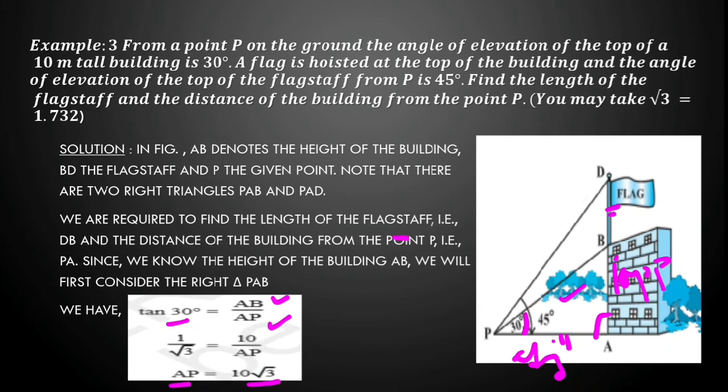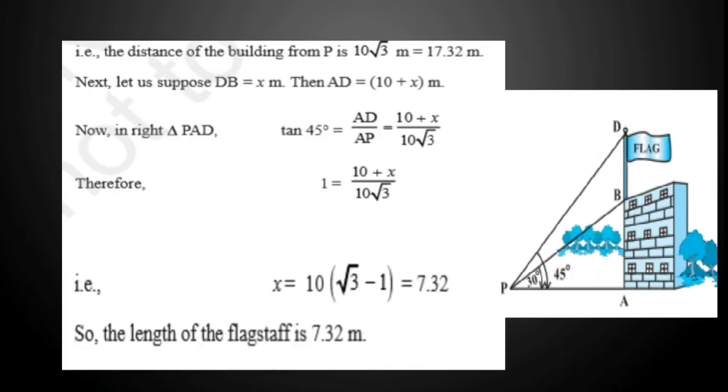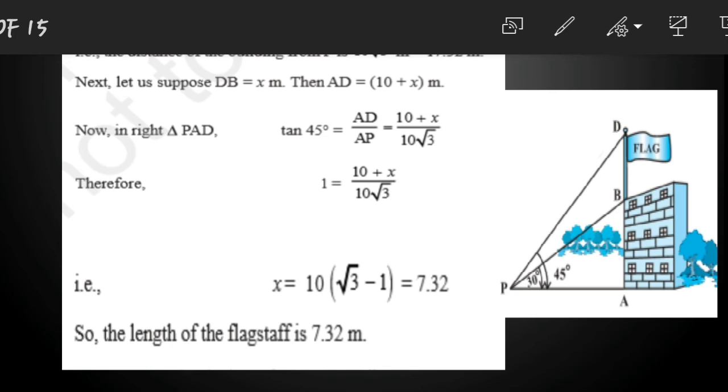Now you have to find the value of BD. Suppose this DB is equal to x meter. This DB is x, and AB is given as 10. That means this AD is 10 plus x. The length of AD is 10 plus x.